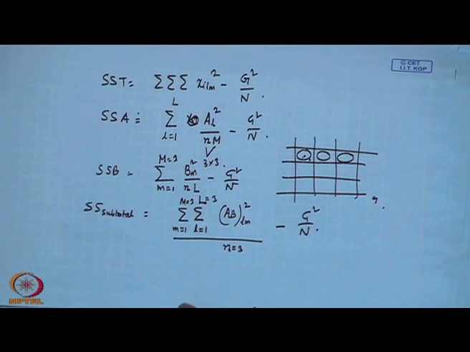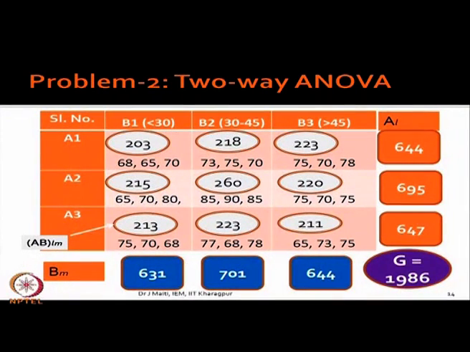You want to see this, I am showing this one. We will explain with respect to this. What we are saying is that for SST, first you take all the values, 68, 65, 70, and so on, square them and add, minus G squared by capital N. This is the formula.